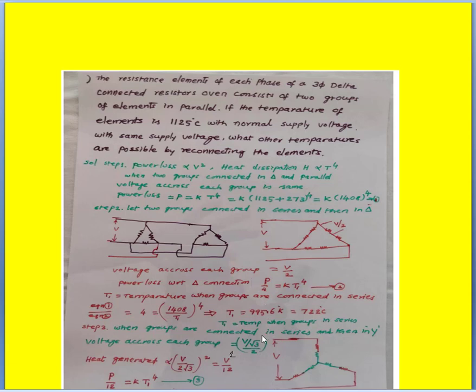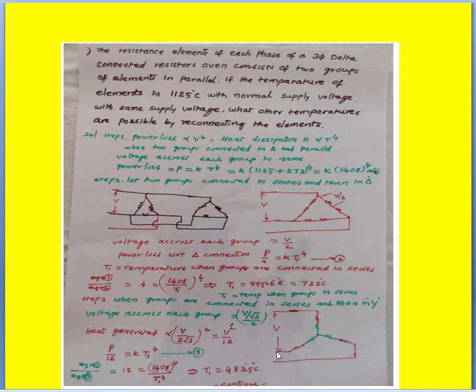So next, let us see another combination possibility. The other combination is, suppose these groups are connected in series first and then they are connected in star like this. This is one group resistance, this is another group resistance connected in series, here also in series, here also in series. But ultimately it is in the star form like this. And this star form connection is given to the three-phase supply.